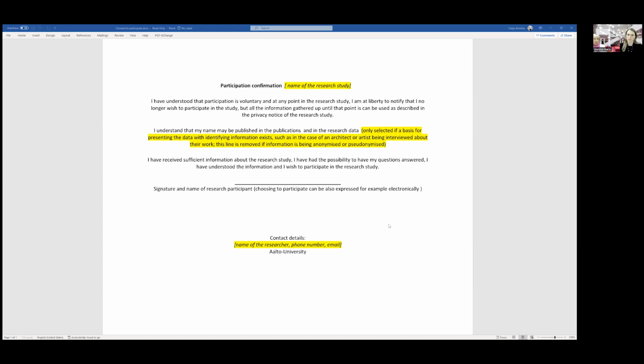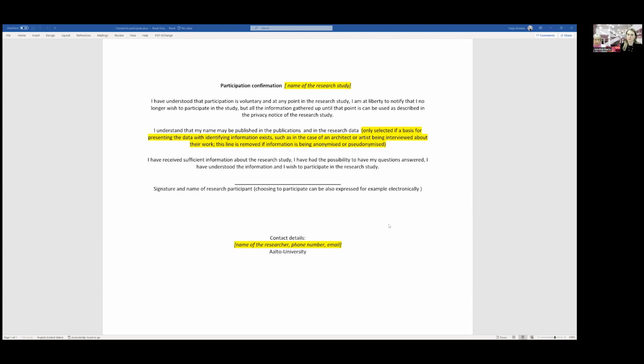So, the name of the research study, and then, as I explained, I advise in the School of Arts, where we, for example, have interviews about architecture. In those cases, if your name is published in the publication, there is a section for that, but that's only selected in these specific instances.